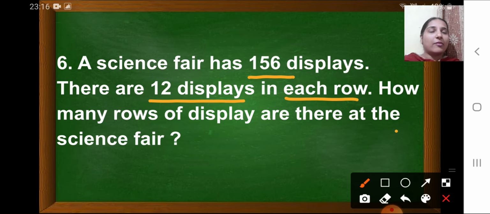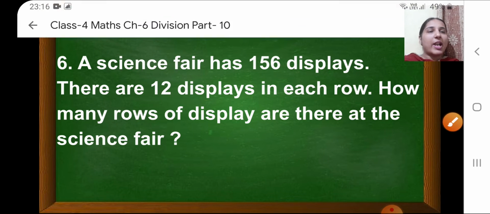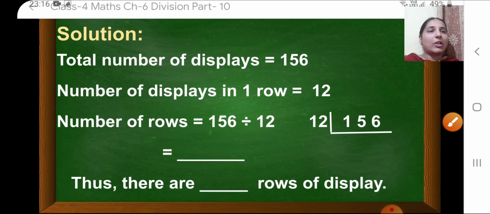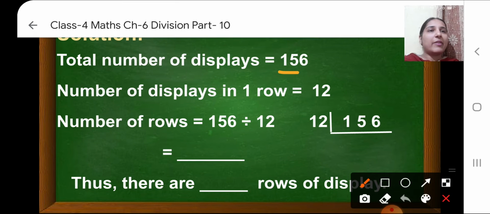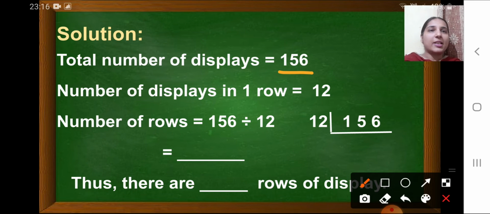So again we have to divide here. Let's first write what is given and what we have to find. Total number of displays is given, 156, and number of displays in one row is 12. You have been asked how many rows are there.